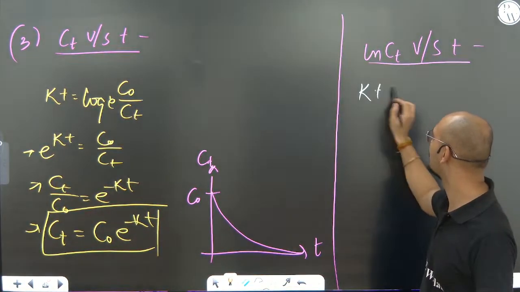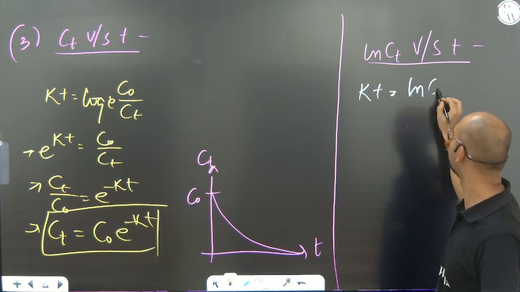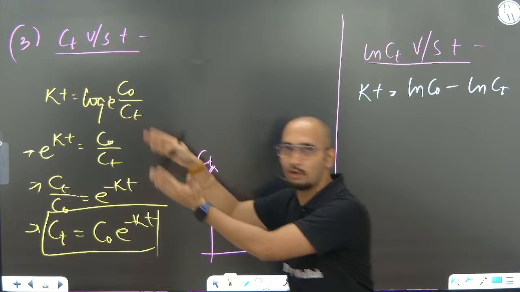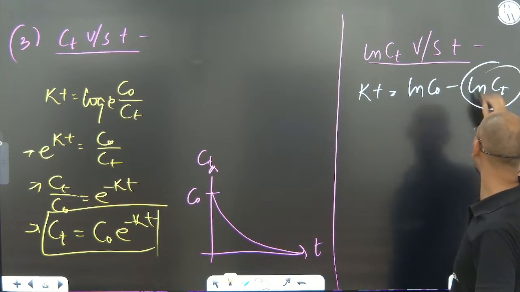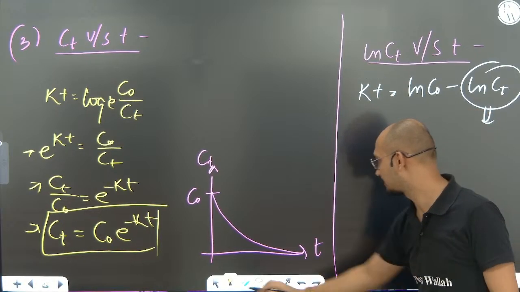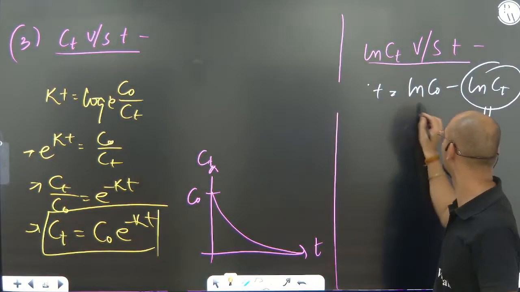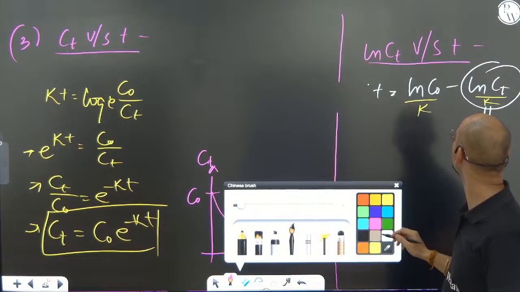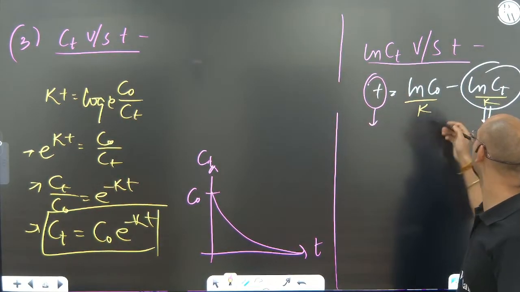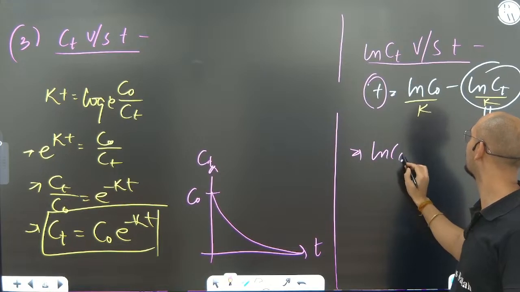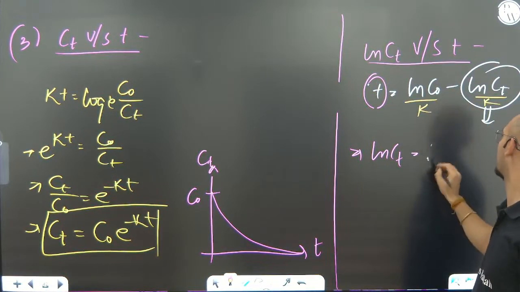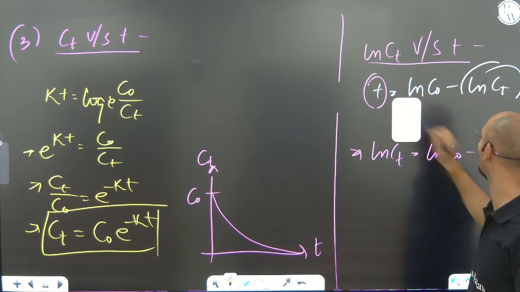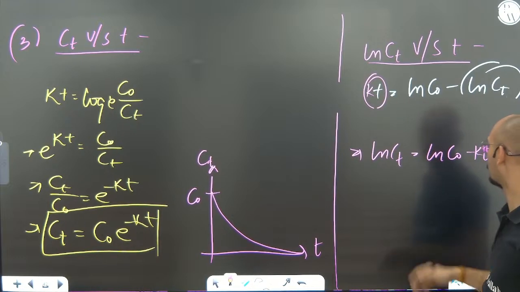You can say that KT equals ln C naught minus ln CT, because we know that log of A by B equals log A minus log B. Okay, make it ln of CT. ln of CT equals, sending this side, ln C naught minus KT. No issues.